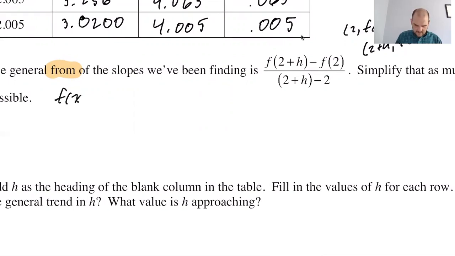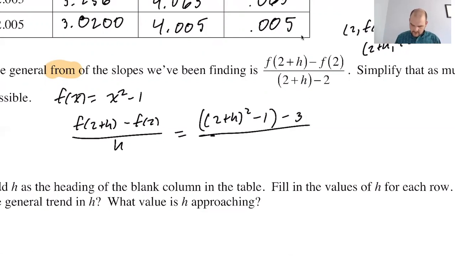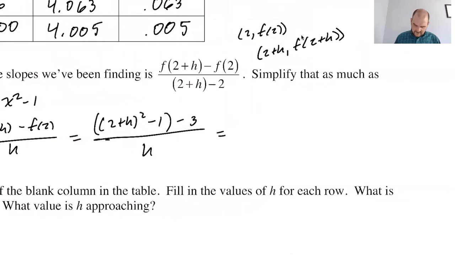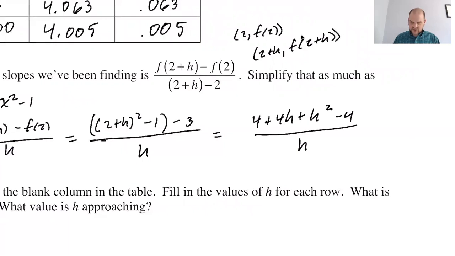Okay, f of x is x squared minus 1, which means that f of 2 plus h minus f of 2 over 2 plus h minus 2, which is just h, is going to be the quantity 2 plus h squared minus 1 minus, right, this is just f of 2 plus h minus f of 2 is 3, divided by h, okay, which is, all right, we'll expand 4 plus 4h plus h squared minus 1 minus 3 is minus 4 over h. What happened to my h? It's like I scrolled while I was trying to write it.